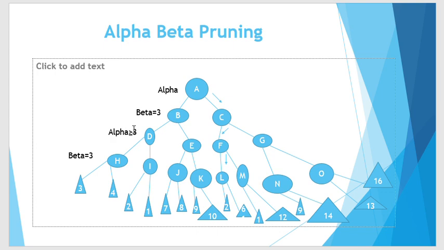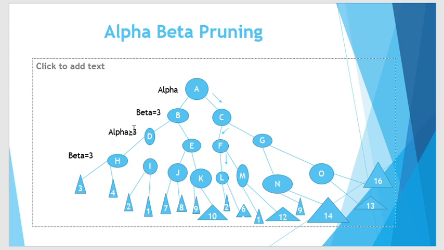But the min value of this node we don't know, but by this we got an idea that if this node's beta value is 3, then the min value will be equal to or less than 3. Obviously, if we get 3 as the value of beta, then the min value of this node will either be 3 or less than 3.